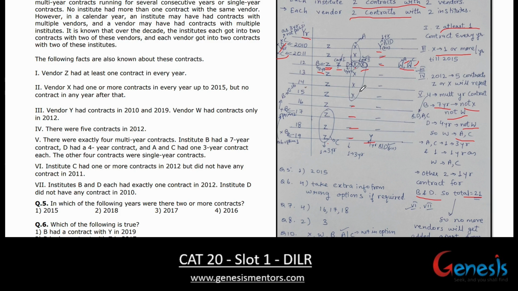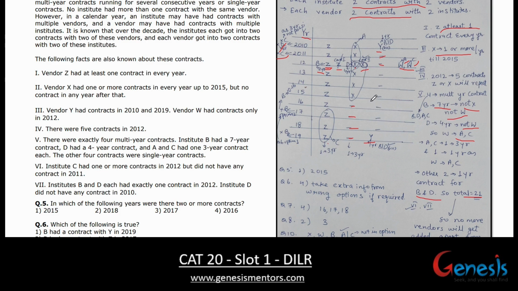Now, for the 4 years of D, definitely D is there in 2000. Talking about a 4-year contract, it can be 10, 11, 12, 13, or 11, 12, 13, 14 also, right? Anything is possible.